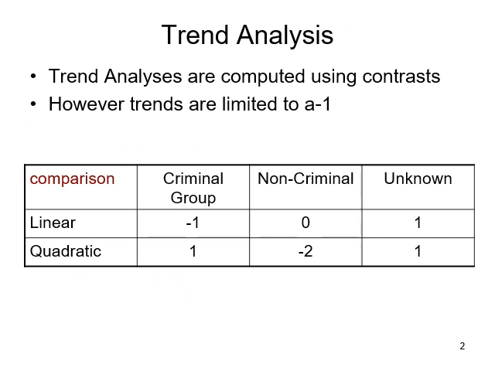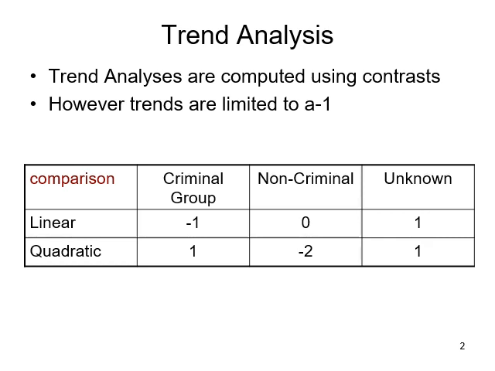The final thing I want to talk about is trend analysis, and this isn't done as often as it used to be, but it's still a technique that may occasionally come to your aid. Trend analyses are computed, again, using contrasts, but we're actually going to use a little equation to change the top of the equation of our F to ask the question, is there a linear or quadratic trend in our data?